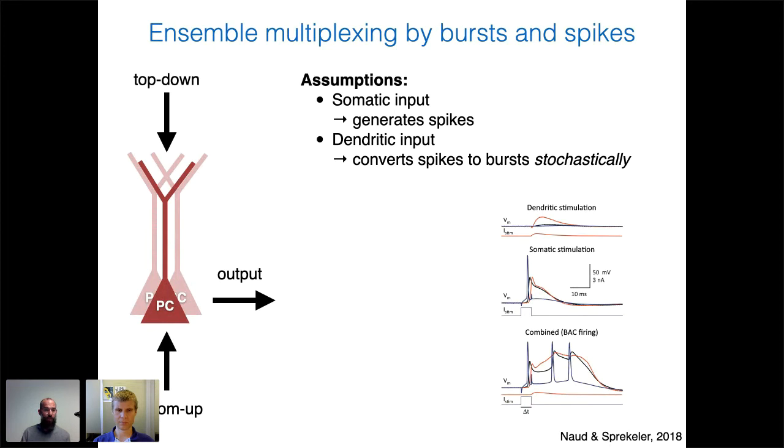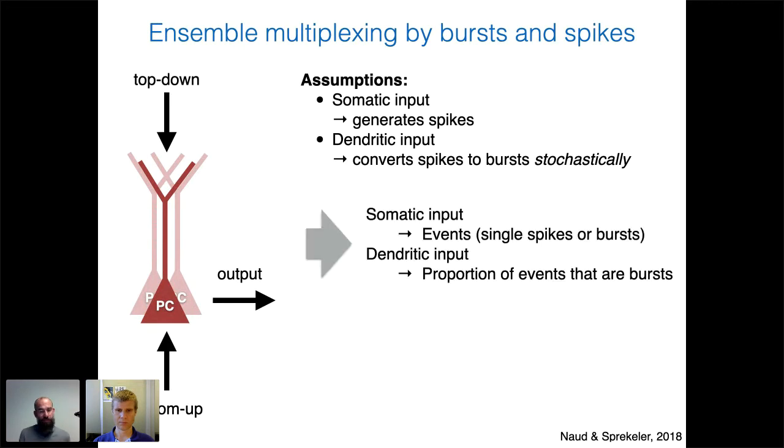That dendritic input converts these spikes into bursts, and I will assume that there's some kind of background noise, so it will do that stochastically. Right? So if I can make that assumption, then I can basically think about how the population will encode somatic and dendritic input. Somatic input will generate events. Those could be either single spikes or bursts, right?